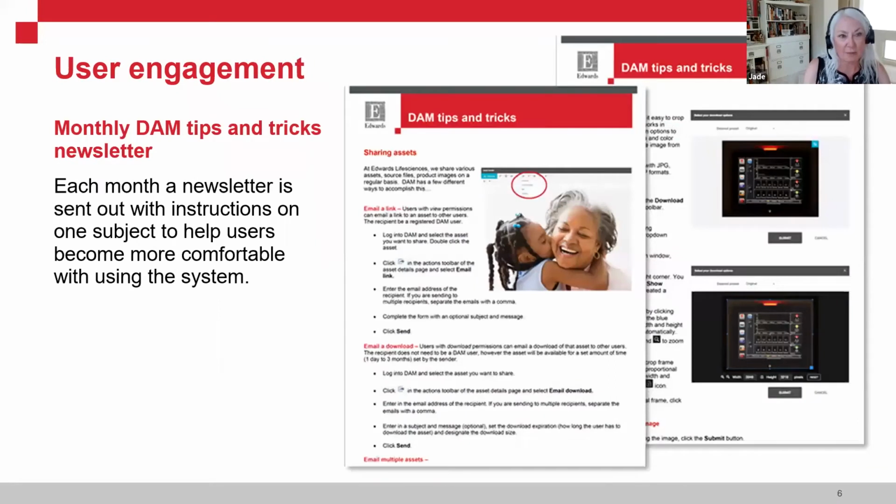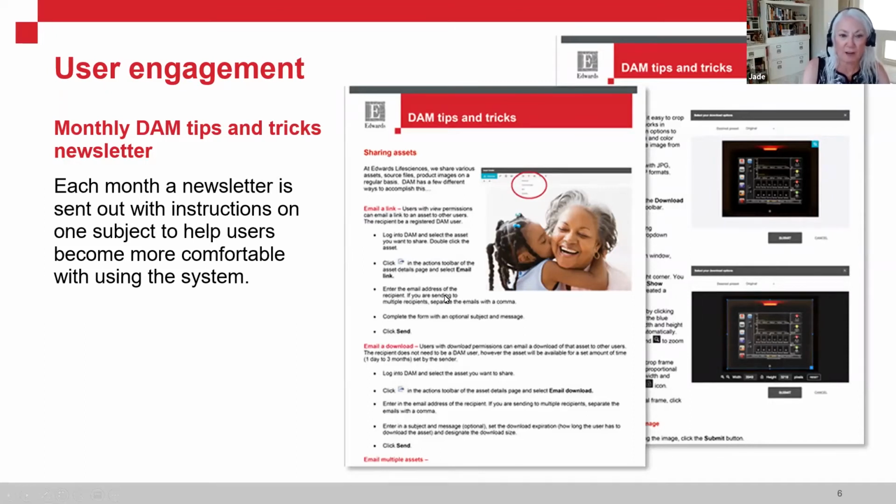And user engagement: our monthly DAM tips and tricks goes out every month. Each month, the newsletter is sent out with instructions on one subject to help users become more comfortable with the system, such as sharing assets, how to use video, how to crop video in the system, and which web browser works best.